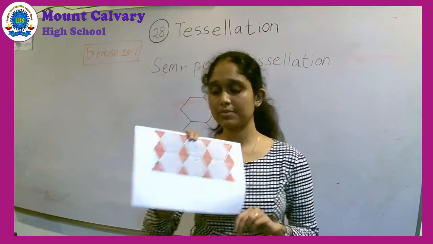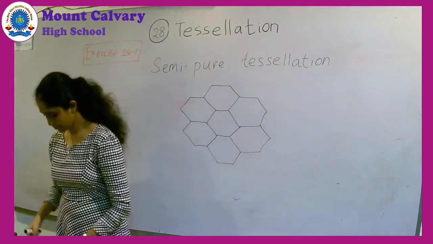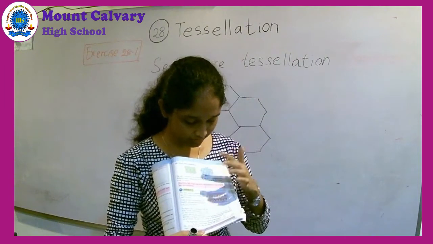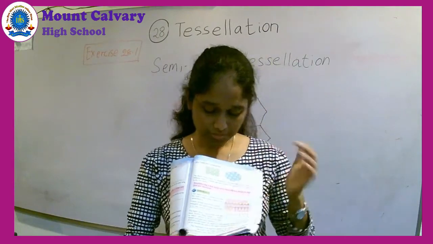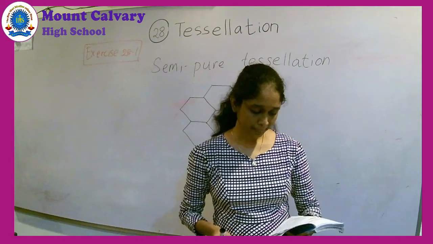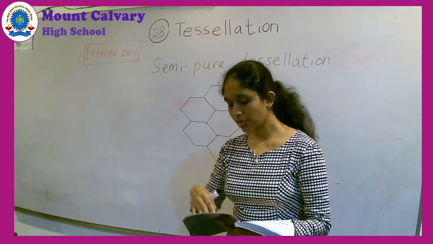Only 2 shapes, right? The second one also, that is the shape of the square, but 2 different sizes, right?